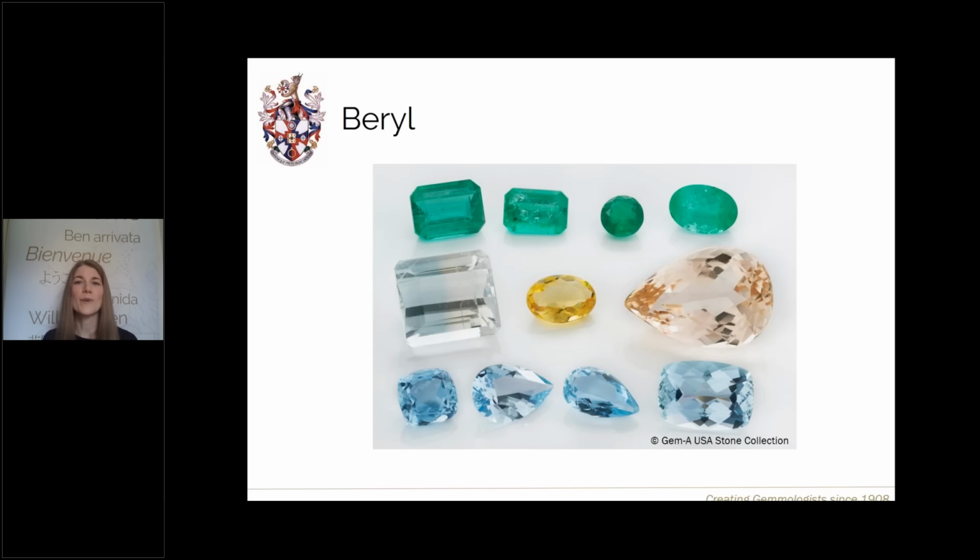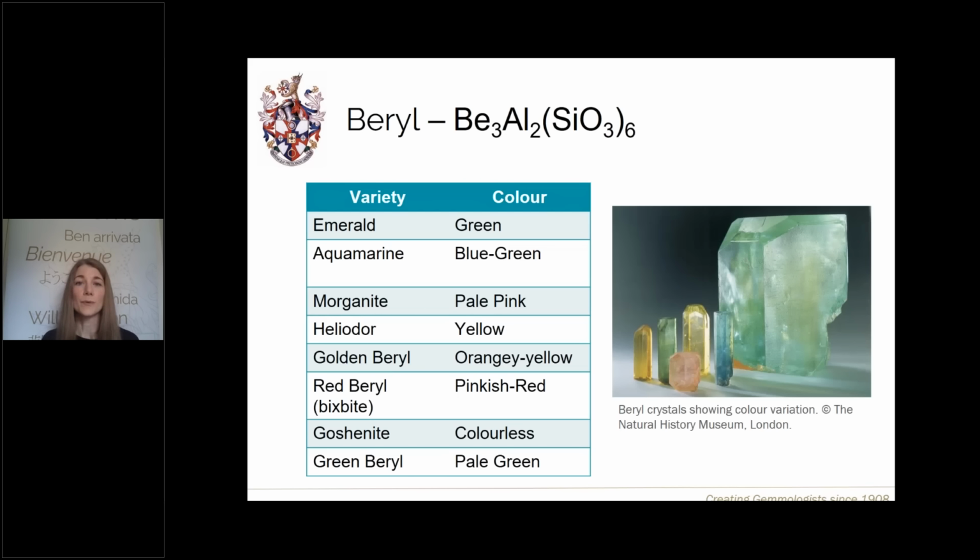So let's get started with Beryl. As you can see, this is a very colorful species here, and you probably recognize a few of these gemstones on this picture. Beryl is a beryllium aluminium silicate, and on its own, that chemical composition is colorless. It needs something added to it to give it color, like the image on the right.